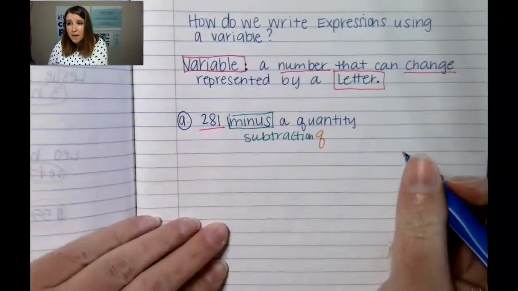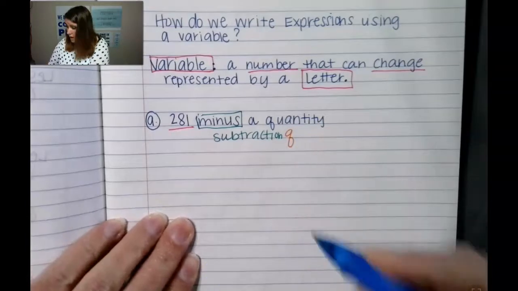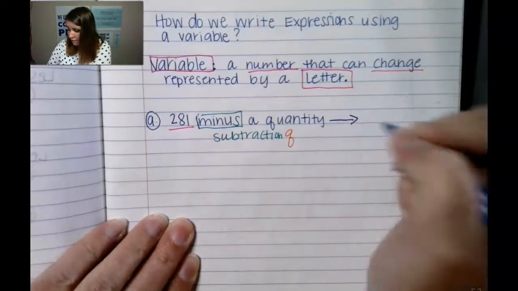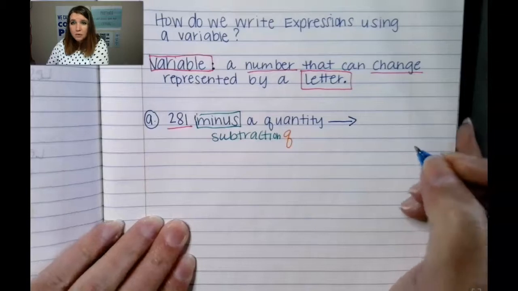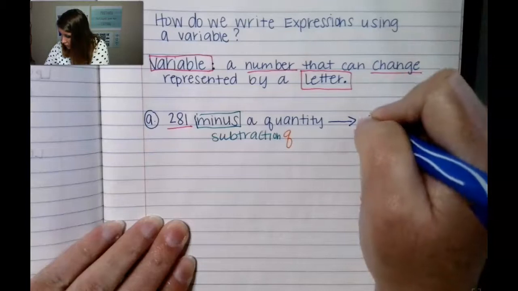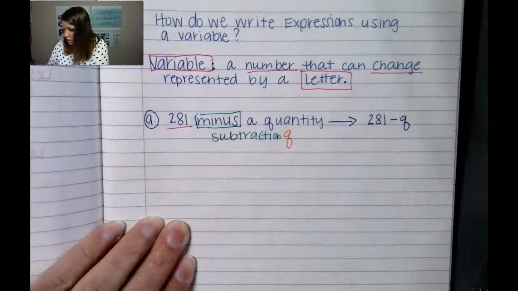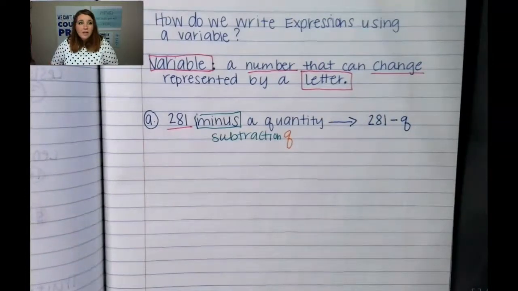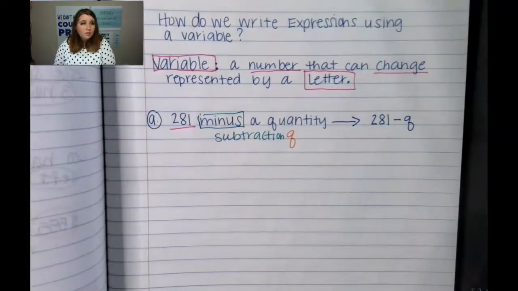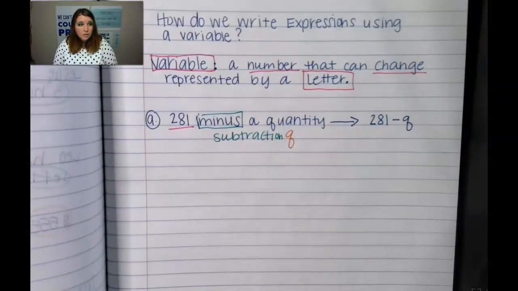We're going to write a math equation. So we're going to take this ELA phrase again, and we're going to turn it into a math equation. And this math expression is going to look like 281 minus Q. That's it. That is all that you have to do. So 281 minus Q.